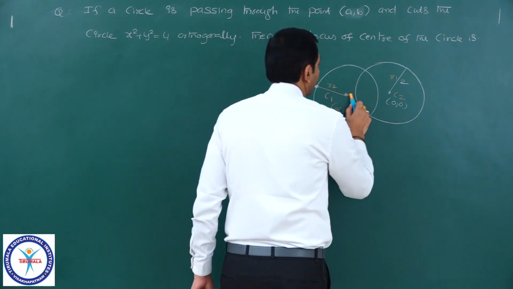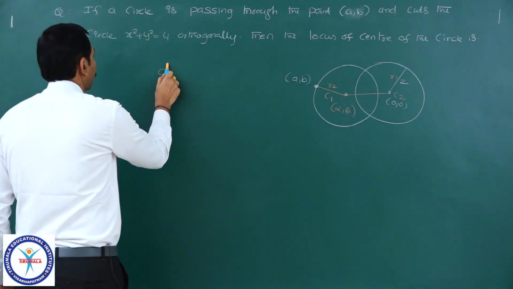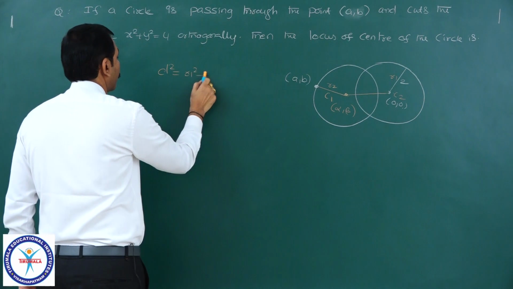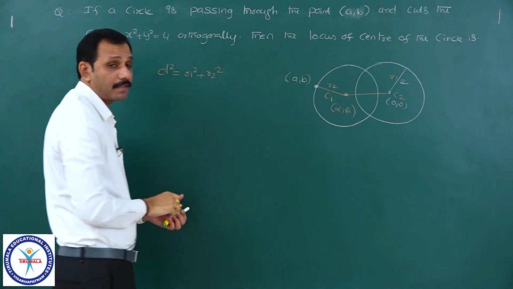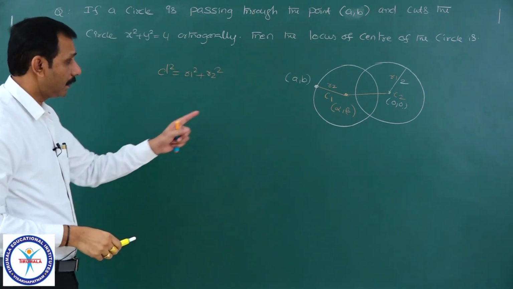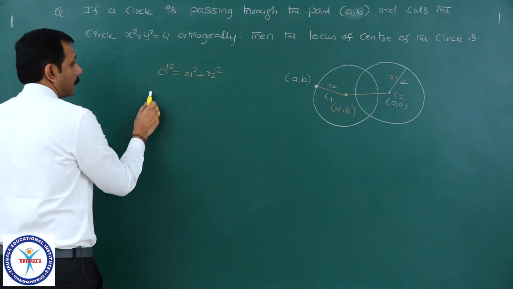Now we know the condition. What is the condition here? d² = R1² + R2² because the circles intersect orthogonally. What is d²? d² is the distance between the centers whole squared.